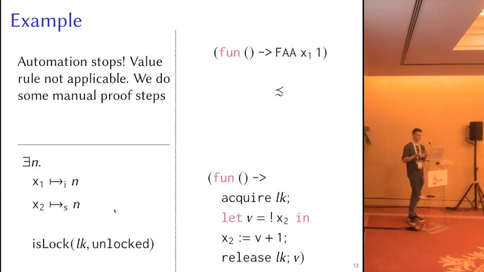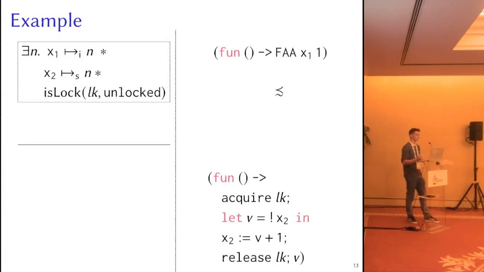So we generalize the current state of the heap to this, and then we say this is our invariant, which we will show is enough to prove this contextual refinement. So we put this in a box and put it in the top left corner, where we will keep information which keeps holding throughout the execution. And at this point, you can call the automation again to continue.